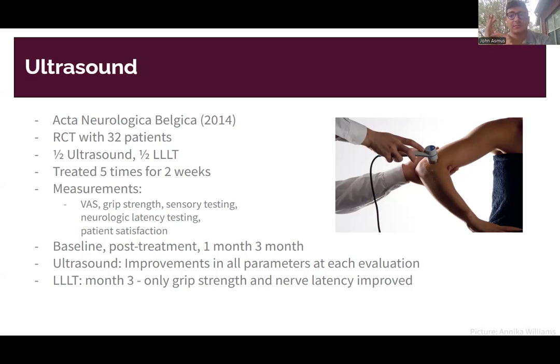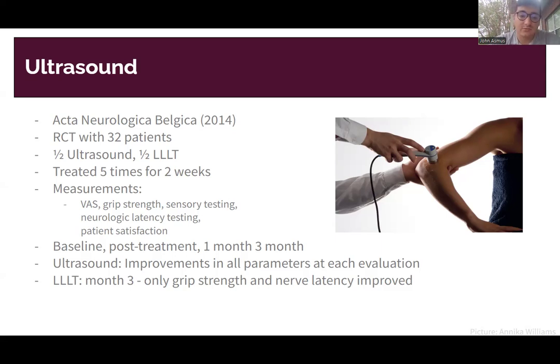You measure the specific amount of pressure that you're putting on and see when they can feel that sensation. And then lastly, they did neurological latency testing, so just testing nerve conduction. How fast is that nerve sending signals? Is the impingement in the cubital tunnel causing the nerve signaling to be slower? Measuring that, and then patient satisfaction.